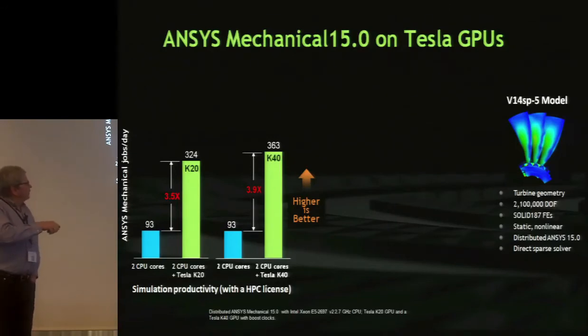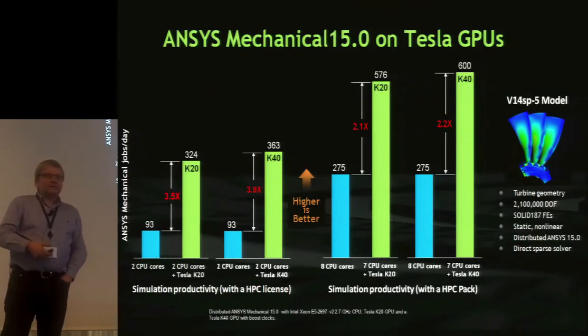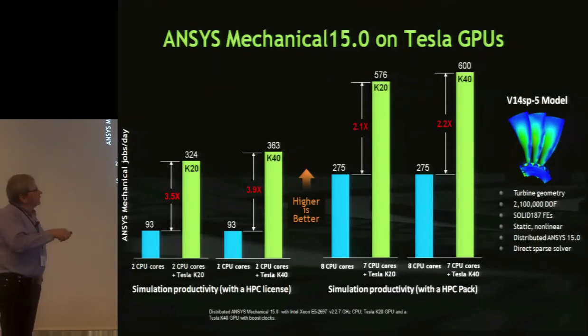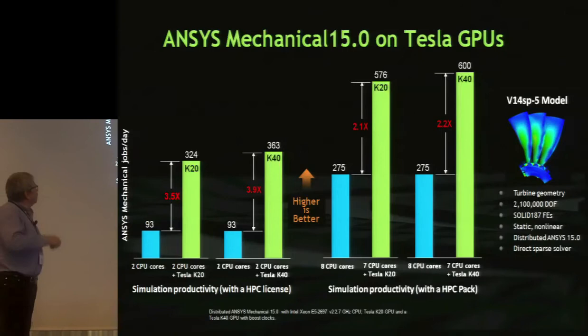And also here, with the next model, we see a comparison between 8 cores and, in this case, 7 cores plus a Tesla K20, which consumes the same amount of licenses from the ISV, but you get a factor of more than 2 more ANSYS jobs per day.